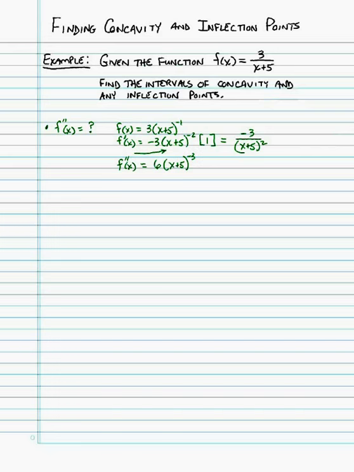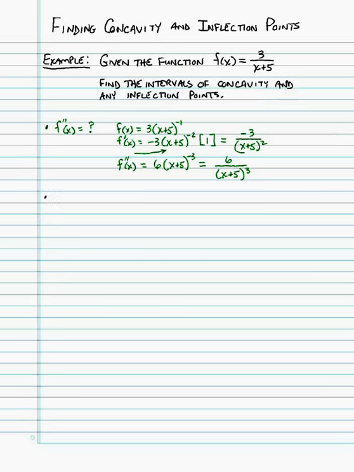And then I'd multiply again with the derivative of the inside, which is just 1, so I'm not even going to write that. And so what I would end up with is 6 divided by x plus 5 to the power 3. So there's my second derivative. That was a little easier than using the quotient rule in this case.